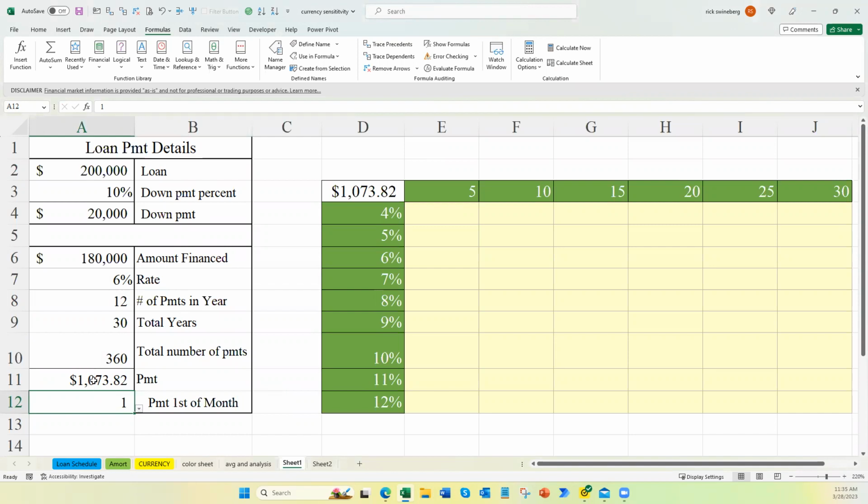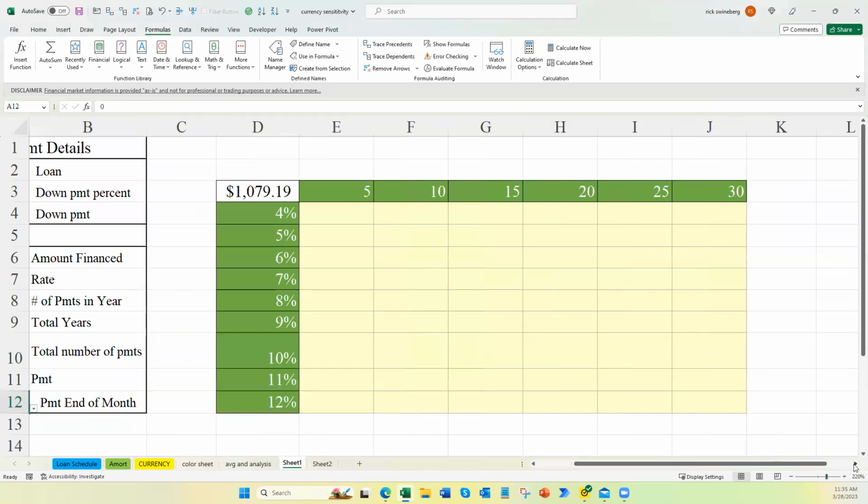There's a difference of, let's look at that. That's payment at the first of the month, and this is the default at the end of the month. There is a slight change in there. So that depends on whether somebody is really on time with their payments and all that.